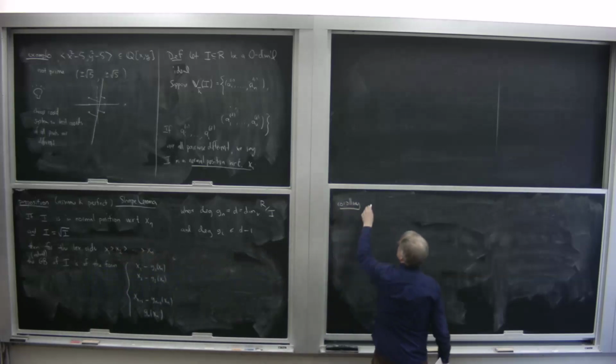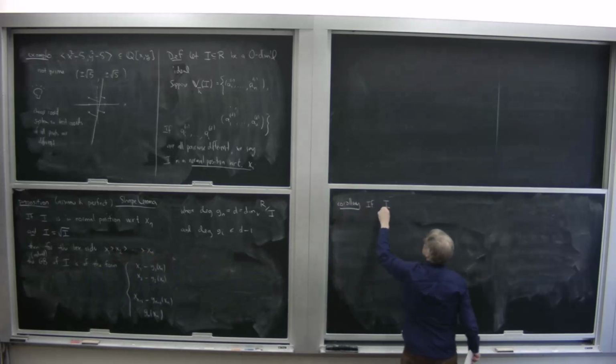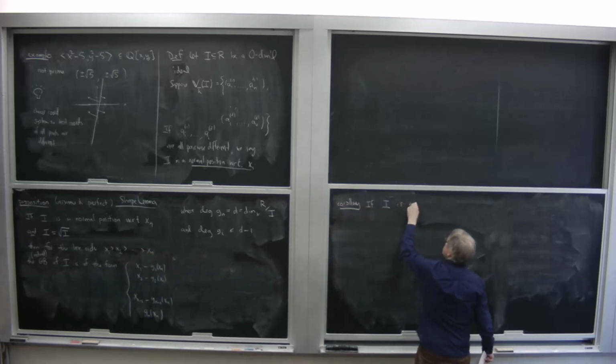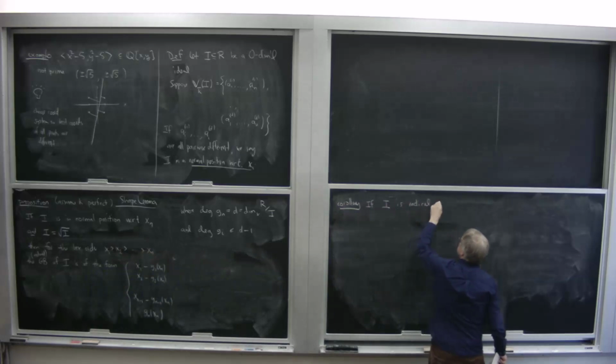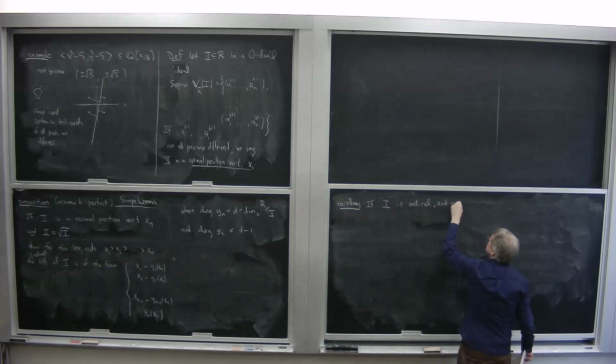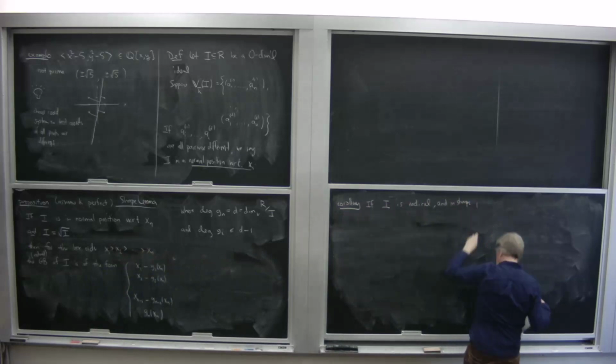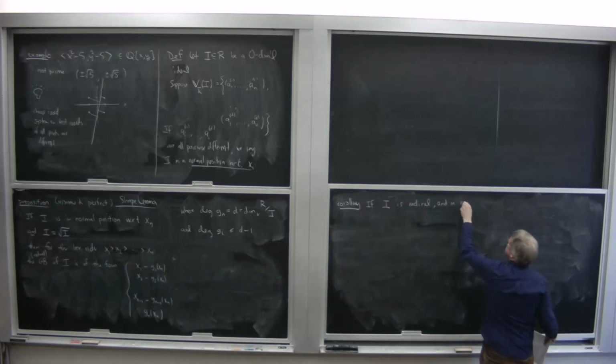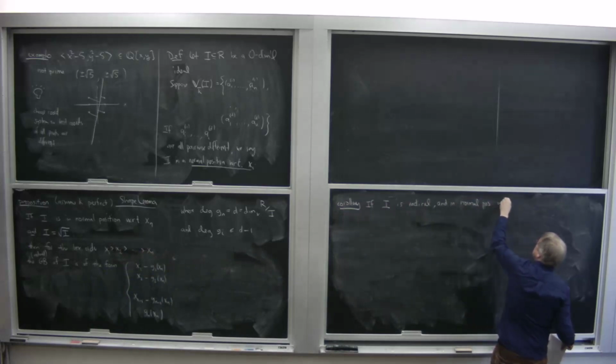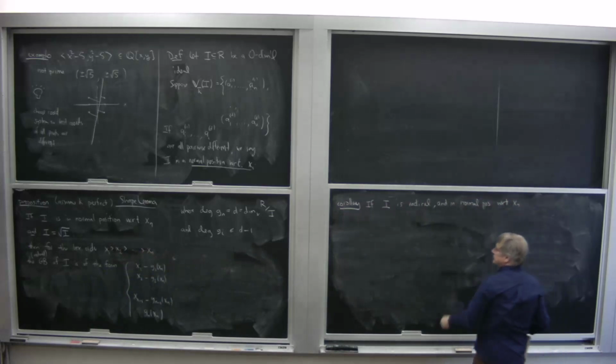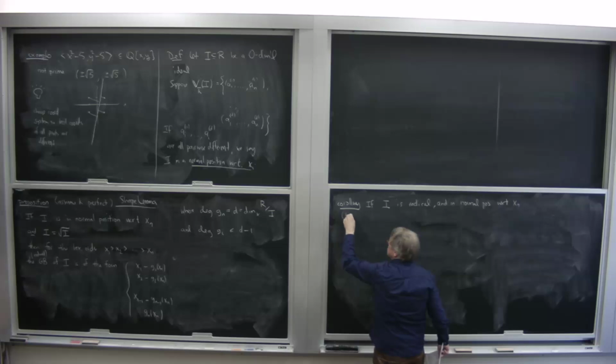If I is radical and in normal position with respect to xn, and as always, k is perfect.